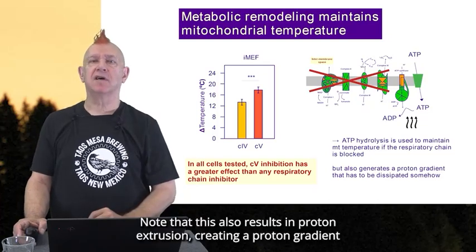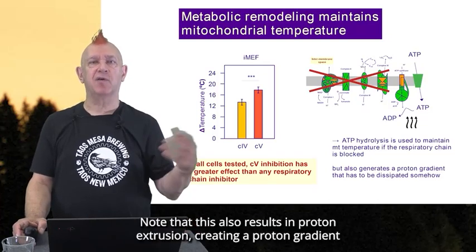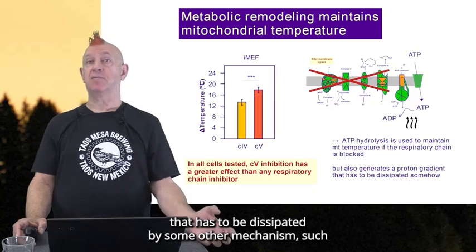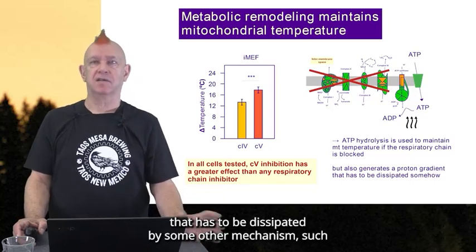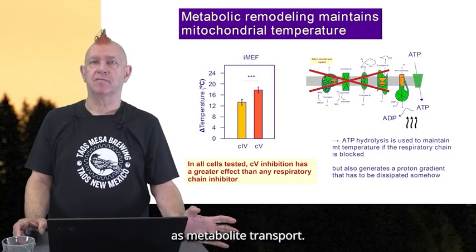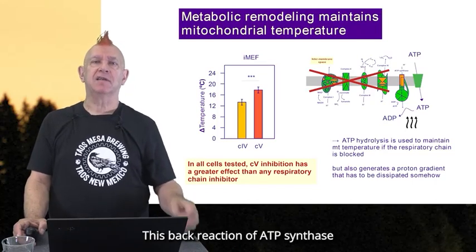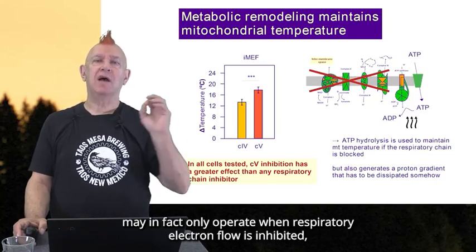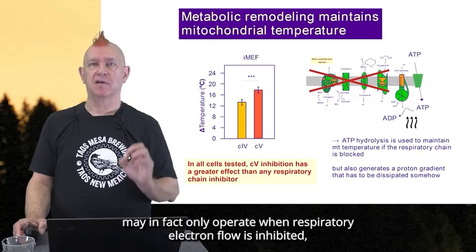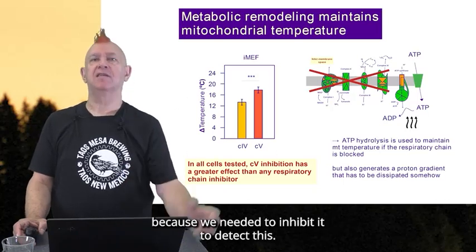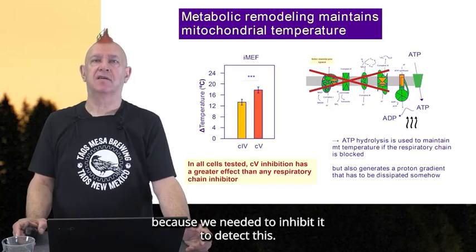Note that this also results in proton extrusion, creating a proton gradient that has to be dissipated by some other mechanism, such as metabolite transport. This back reaction of ATP synthase may in fact only operate when respiratory electron flow is inhibited, because we needed to inhibit it to detect this.